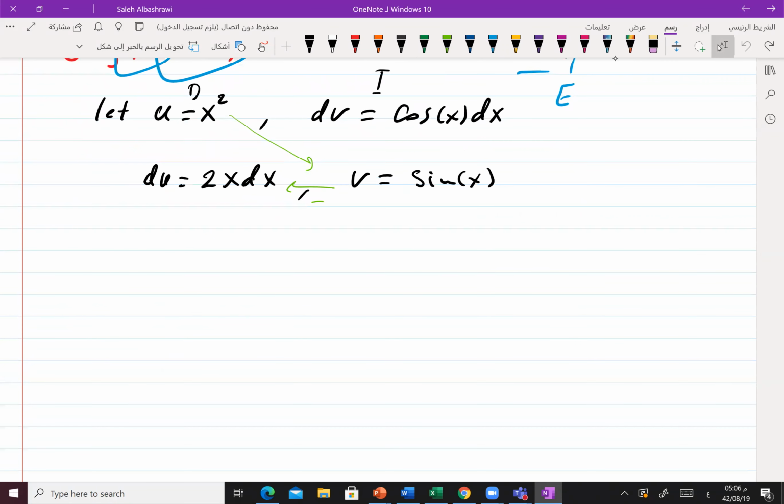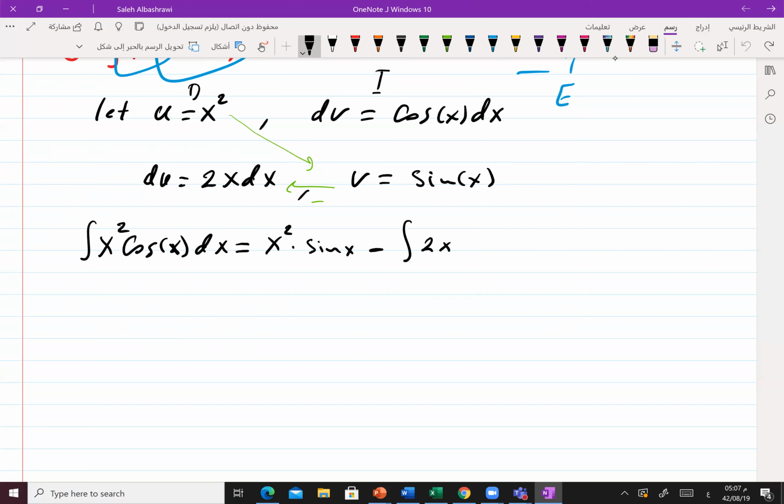So in this case, my integration of x squared multiplied by cosine x dx is equal to x squared multiplied by sine x minus integration of 2x, which is v, times du.